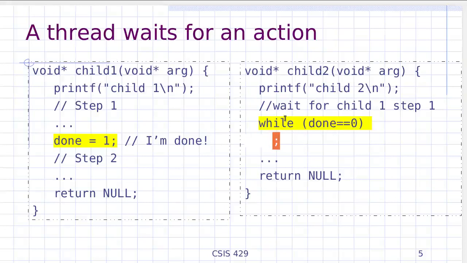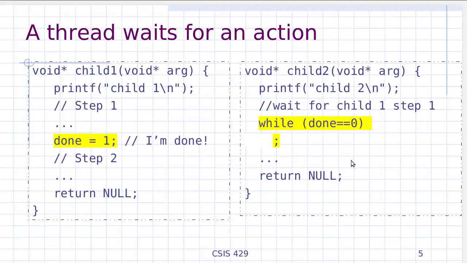While this is waiting, child 1 can come along and eventually finish step 1, set this variable to 1, and child 2 will get out of the loop and go on to its next step. So it does make sense, right? It'll probably work. There's only one thread executing this child 1 code, and it's only going from 0 to 1. It's never going to flip back, so there's nothing in here that will change done back to 0. And this is not in a loop or anything like that. Under those circumstances, yes, this will probably be fine.